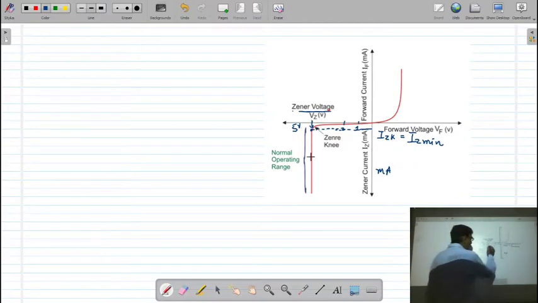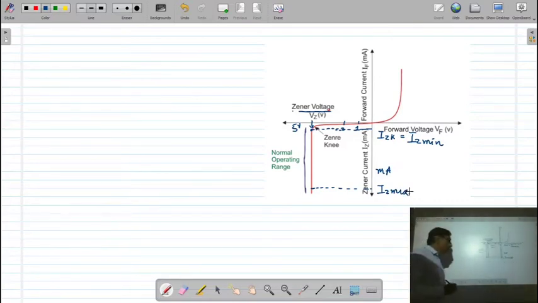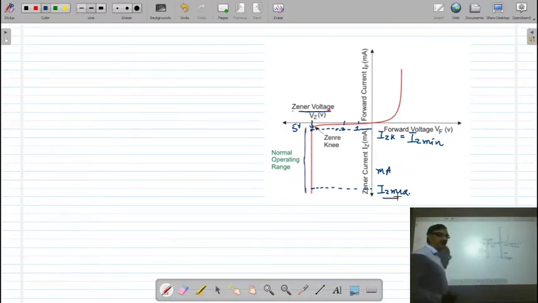Then the current suddenly goes on increasing, and at this point we have a maximum current, called IZ maximum. If you pass more than this current, your Zener is going to be damaged. The Zener diode has some power dissipation capacity, and from it you can calculate the IZ maximum.